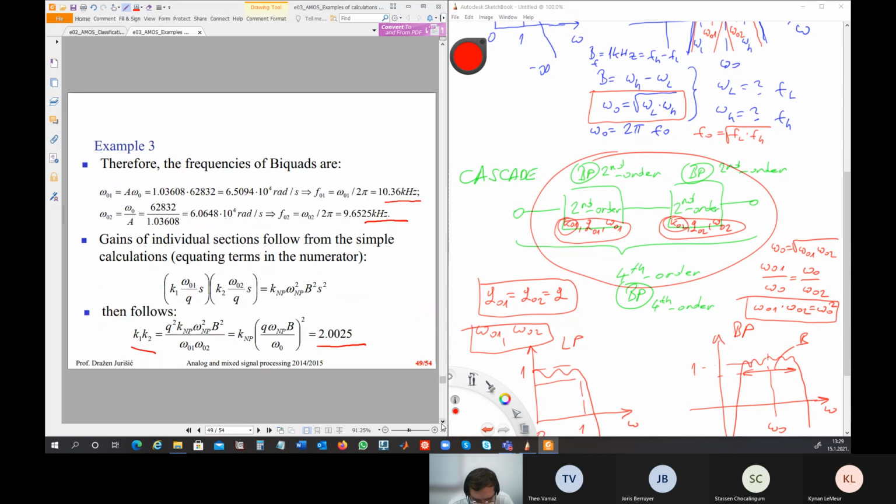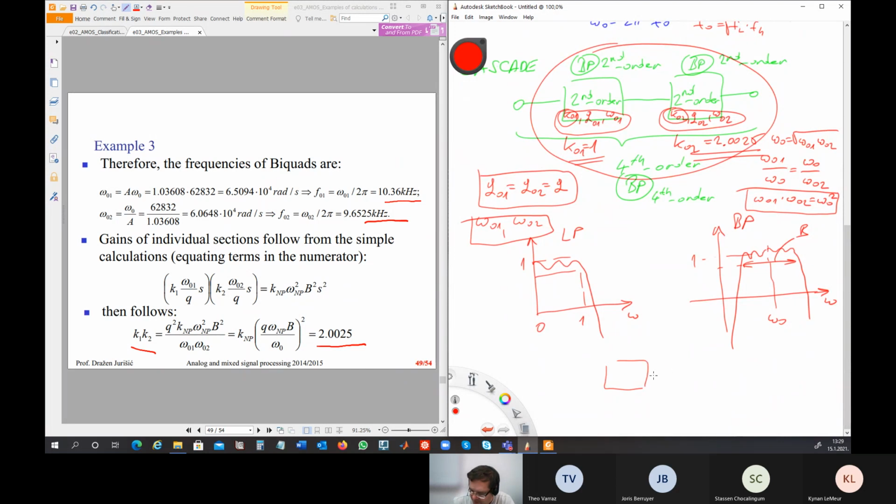Okay, so we choose K01 equal to 1 and then K02 equal to 2.0025. So this is the way we optimize for maximum dynamic range. Why do we do it?